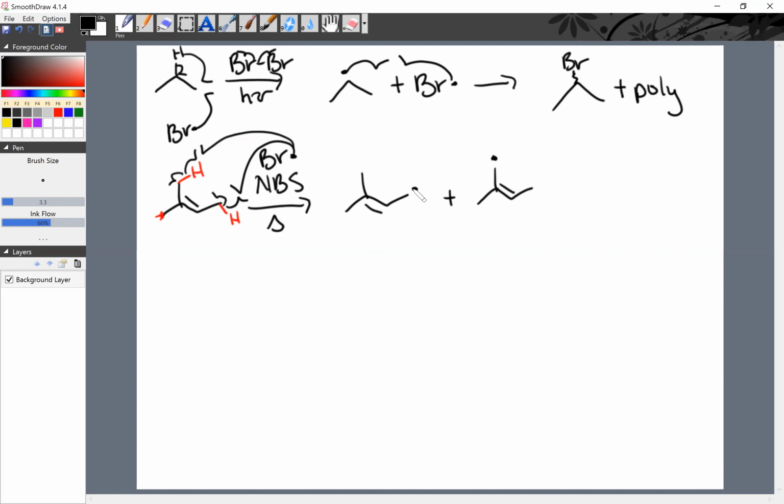In this case, I can do resonance. So that one also makes that one. And this one also makes that one. So I actually have four different types of intermediates.